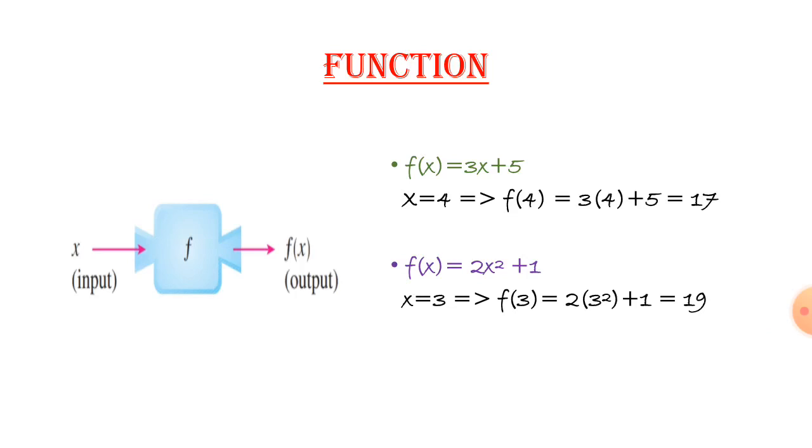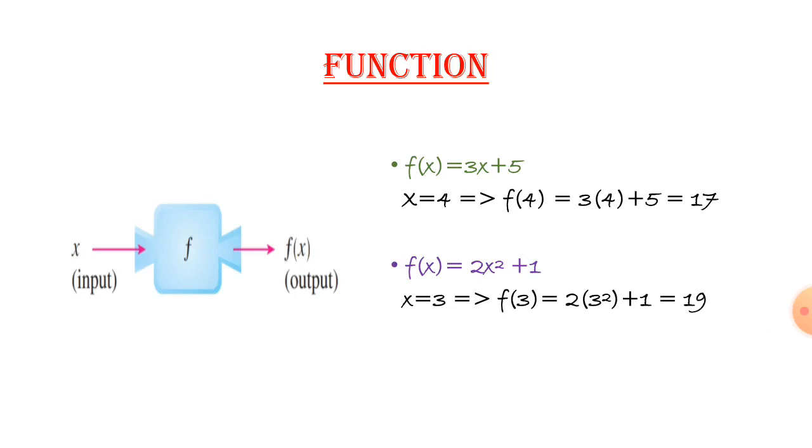Suppose x equal to 4 is given as an input, then the function processes that 4, which means 4 is multiplied by 3 and then added to 5, and it gives 17 as an output. Let us look at another example.